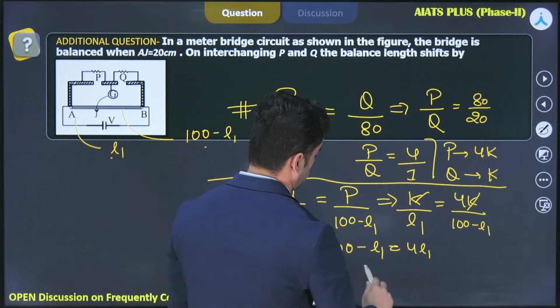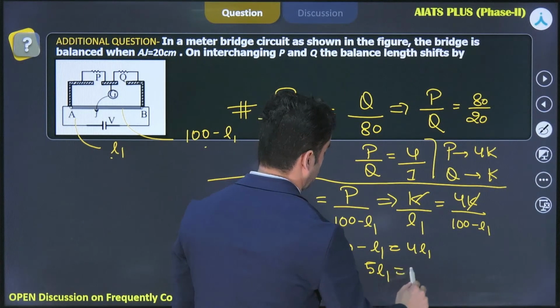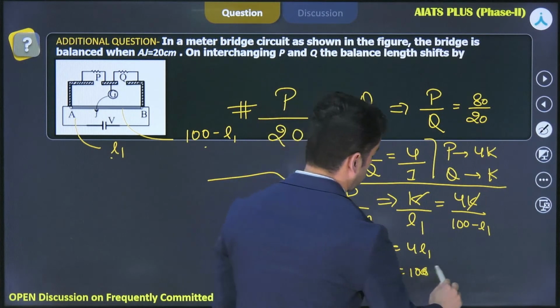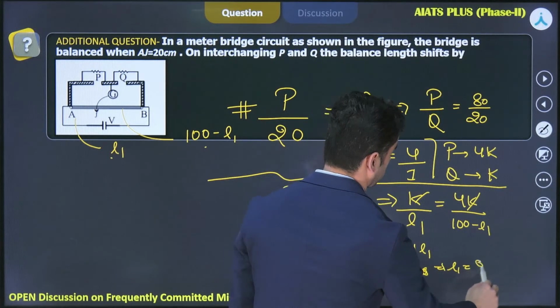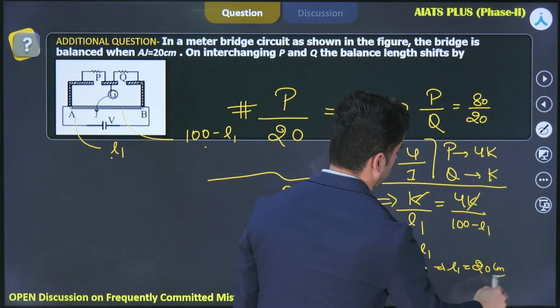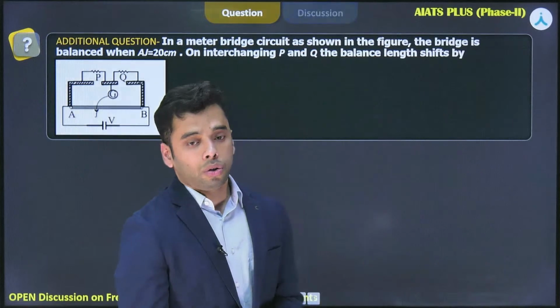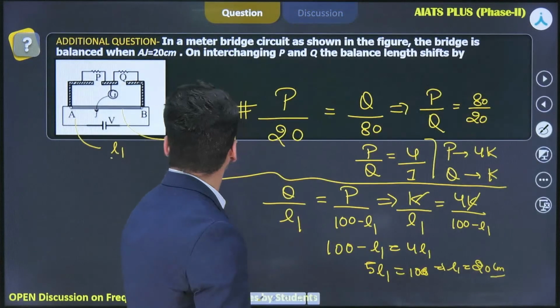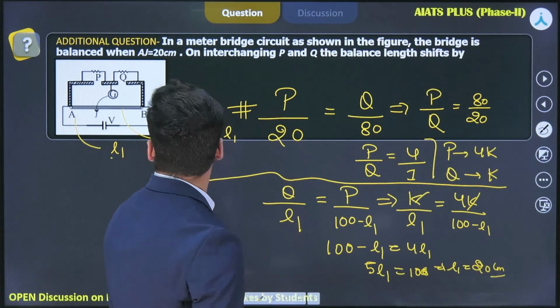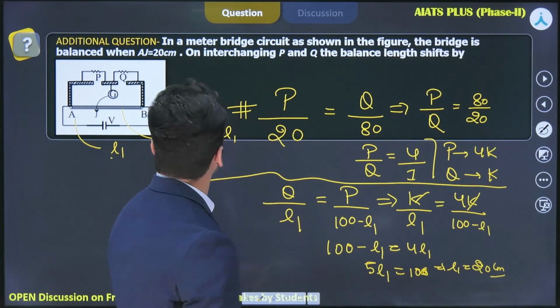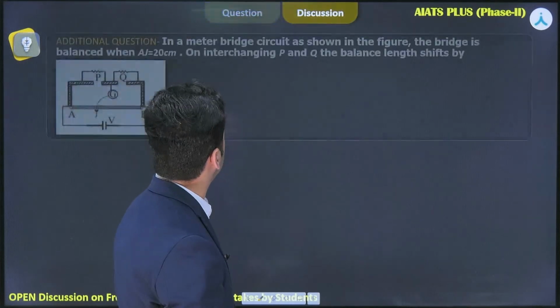So 5L1 is equal to 100. So L1 is equal to 20 centimeter.